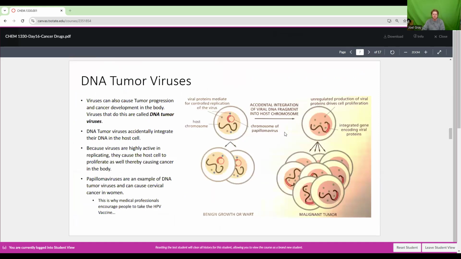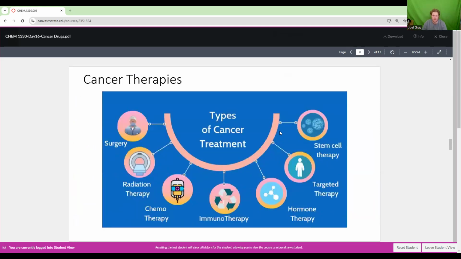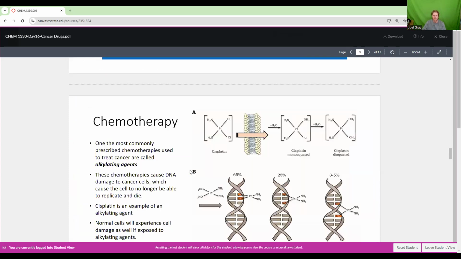Then we talked about cancer therapies. There are so many different approaches to resolving and stopping cancer. What are they? Well, surgery is one approach, and radiation. In many cases, whenever someone has a cancer diagnosis, it's throw everything at it, throw the kitchen sink at it: targeted therapy, stem cell therapy, hormone therapy, all of the different things.